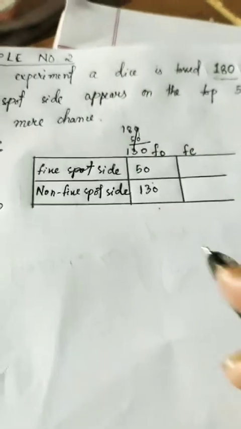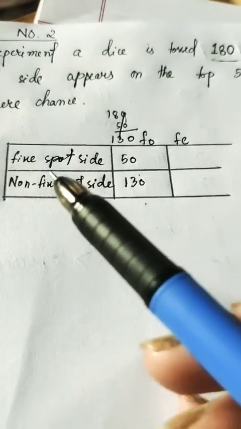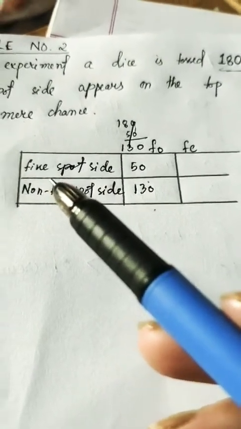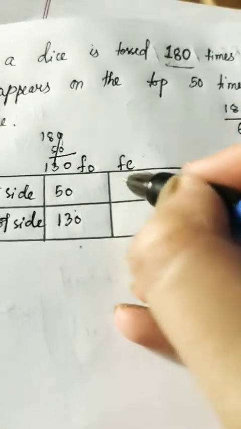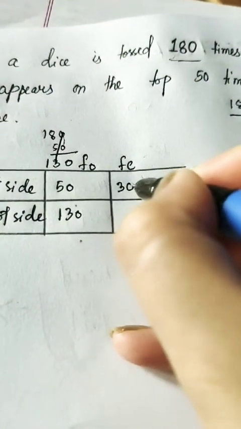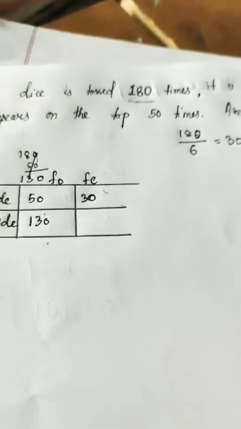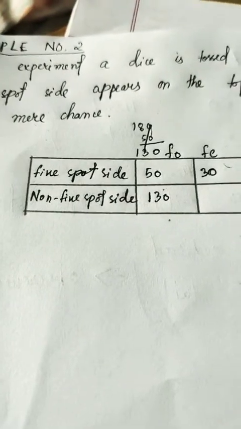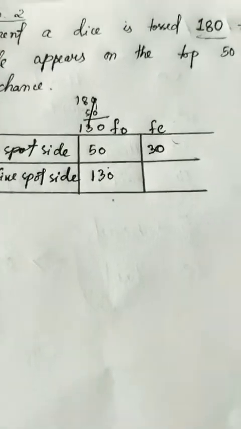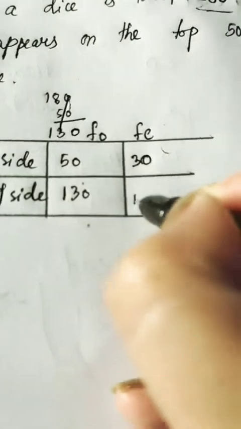So the expected frequency of the 5 spot coming on top is 30 times, not 30 percent. So the non 5 spot side would be 150.